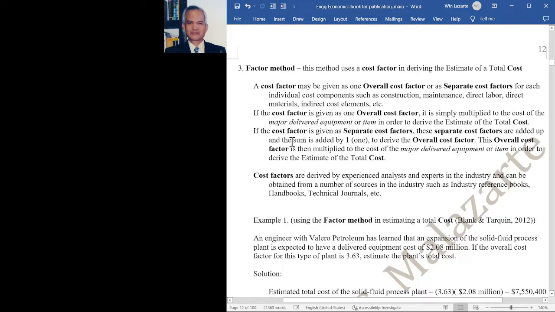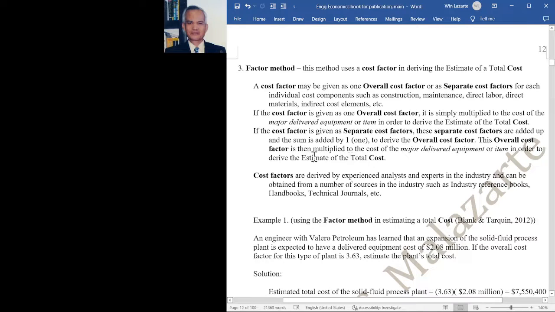Okay, to continue, if the cost factor is given as separate cost factors, these separate cost factors are added up and the sum is added by 1 to derive the overall cost factor.